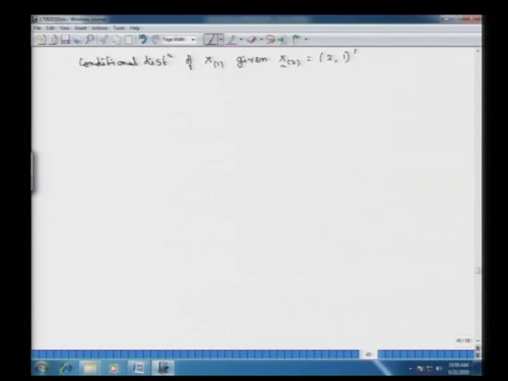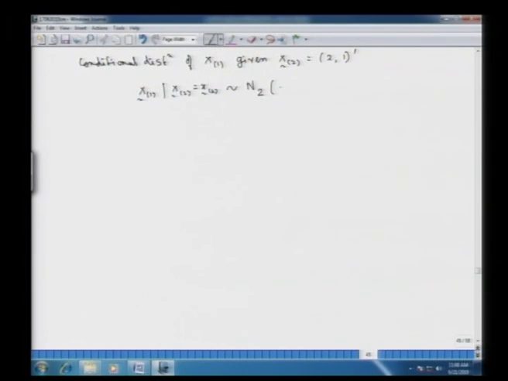Now in the theory lectures we have seen that if we have such a partition, then x1 given x2 equal to small x2, the given specified vector, which is 2 1 for this case, is also a multivariate normal with the dimension of the x1 subvector, which is being conditioned by the other subvector.